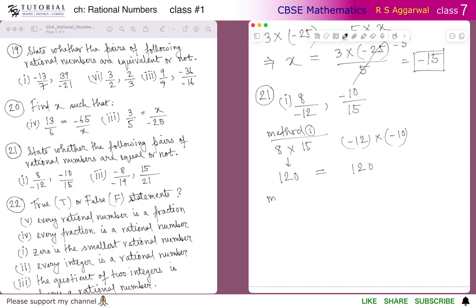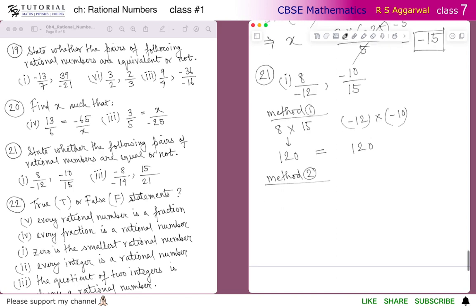Now method 2, you apply whichever method is convenient for you. So I am discussing both the methods. I think if the numerators or denominators are large integers, then the product will take time. Now method 2 is that you convert both the rational numbers to their standard form.